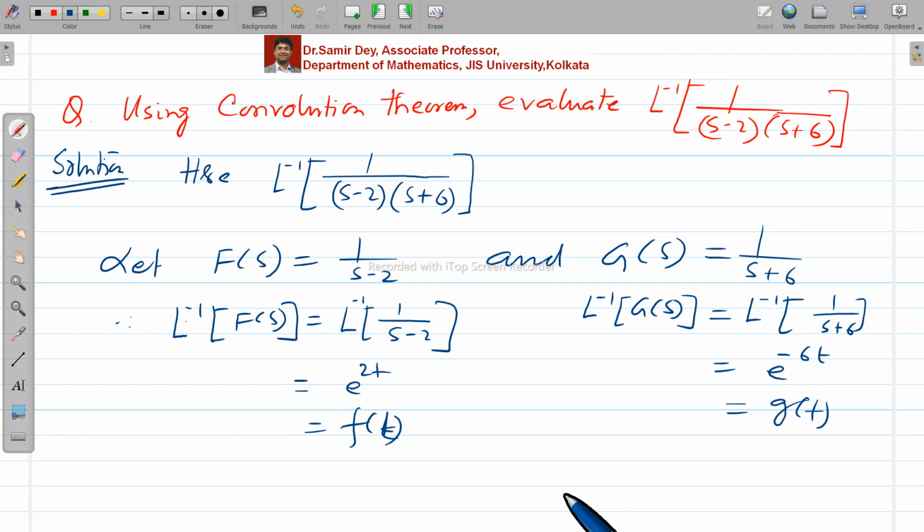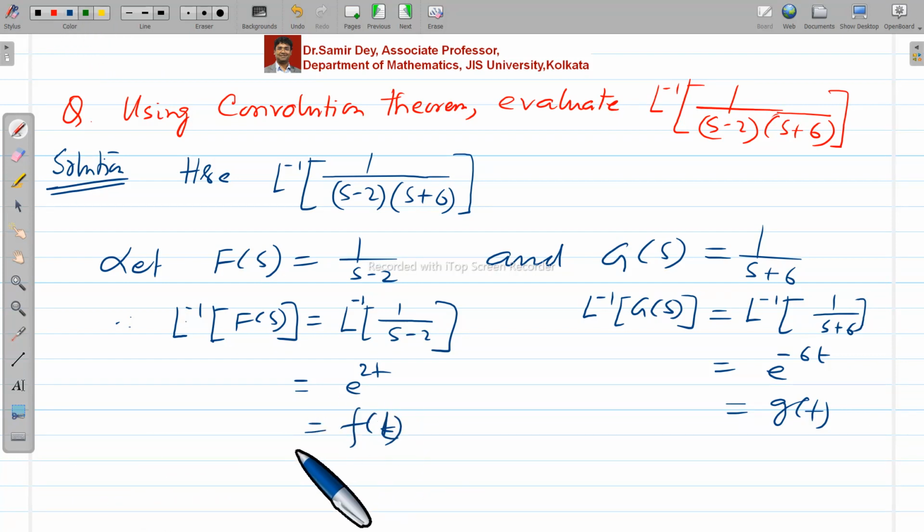Now come to the next slide. Please write down. These formulas are coming from your basic formula of inverse Laplace transform. So L inverse of F(s) equals L inverse of 1 by s minus 2 equals e to the power 2t, which is your f(t), and L inverse of G(s) equals L inverse of 1 by s plus 6 equals e to the power minus 6t.